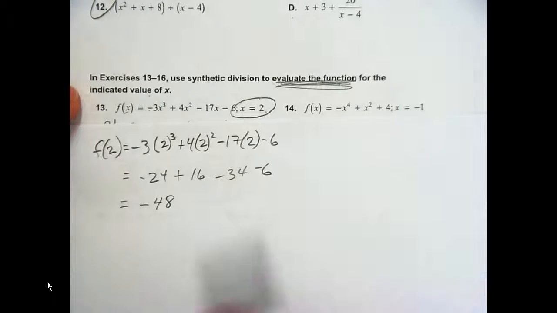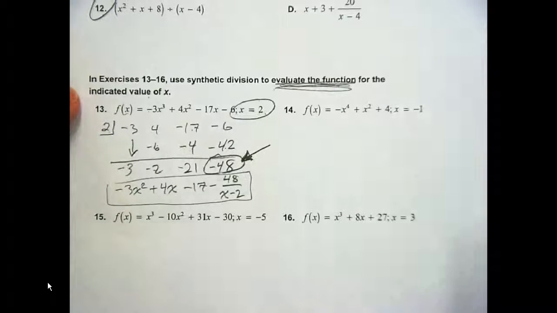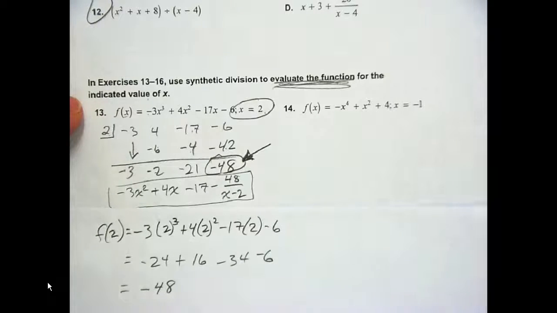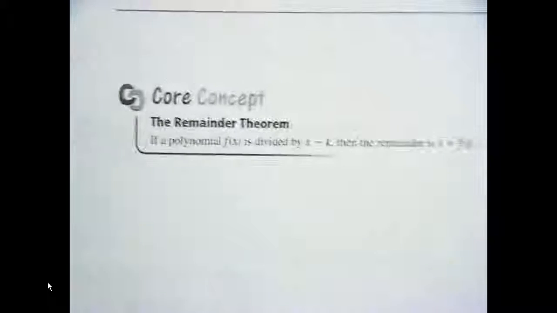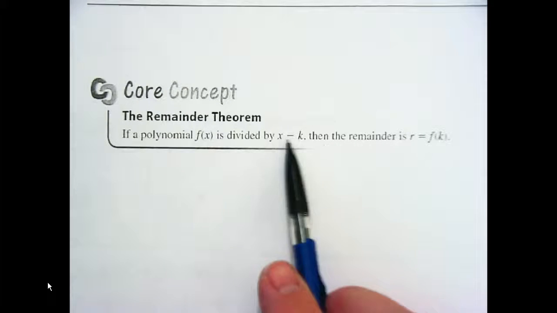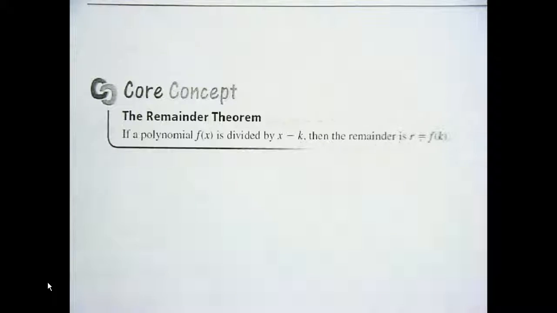So the question is, why didn't we just do that? Why did we do it the other way? The answer I have is to relate the two. The remainder theorem, which is one of the theorems in your book for this section, says: if a polynomial f of x is divided by x minus k, then the remainder is r equals f of k.